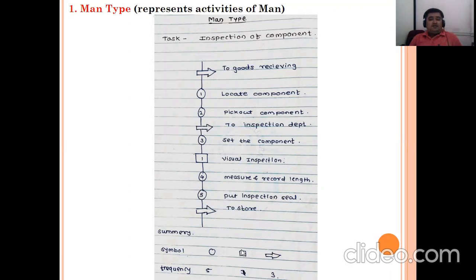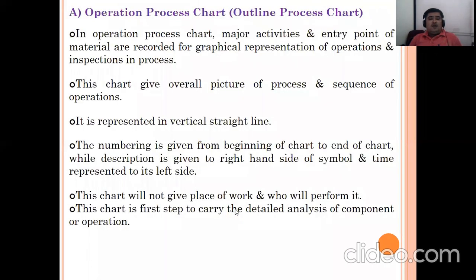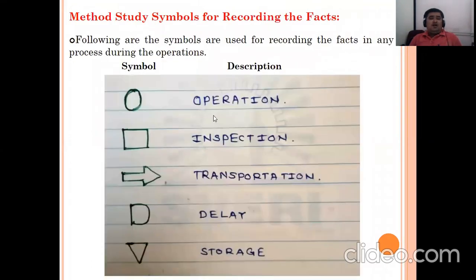Then work in progress or certain activities. If you are remembering this: operation, inspection. For inspection, a box is there. For transportation, an arrow is there.